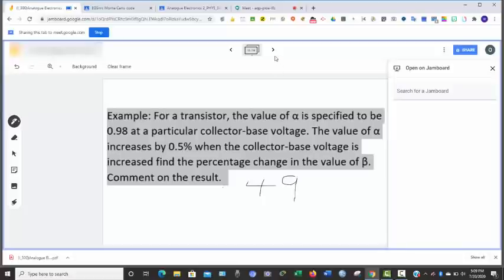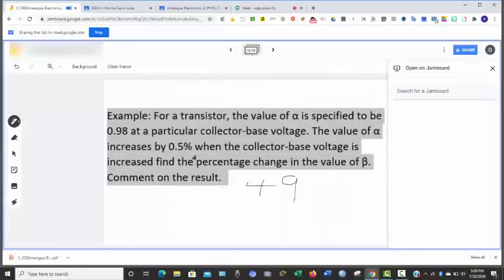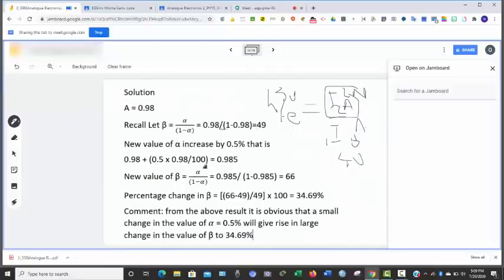Then we were told that we now increase alpha by 0.5%. So if alpha is increased by 0.5%, I will come to this list: 0.98 plus 0.5 times 0.98 divided by 100. Then I add it to what I have here. It will give me 0.985. Look at this. It means I'm increasing alpha by 0.005.